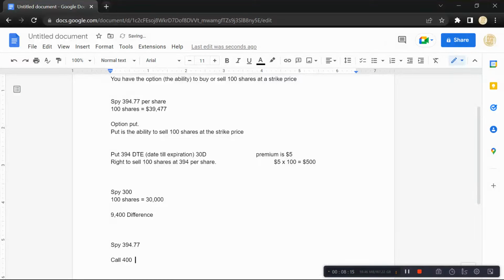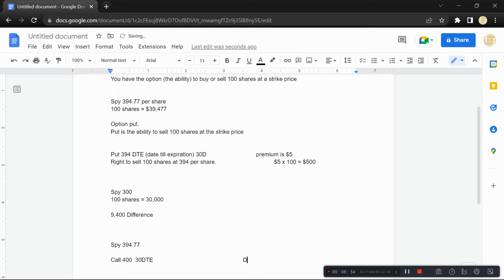That expires within 30 days. So 30 days till expiration. And the premium on this is going to be a lot lower than the premium on the put because I'm betting the stock's going to hit $400 and above.